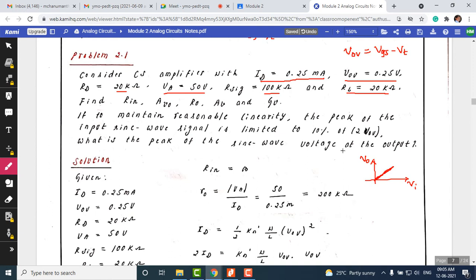How is this characteristic related to this problem? What is said in the problem is, to maintain reasonable linearity, the device should maintain linearity, because the entire characteristic of a MOSFET is non-linear. Some portion is going to be linear. We have seen this in the beginning of the discussion.